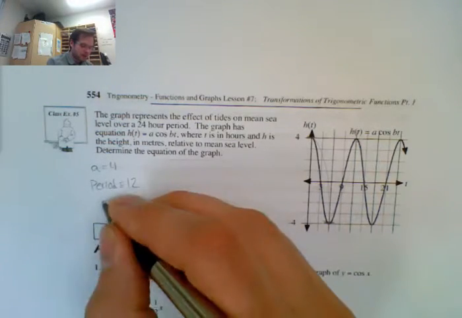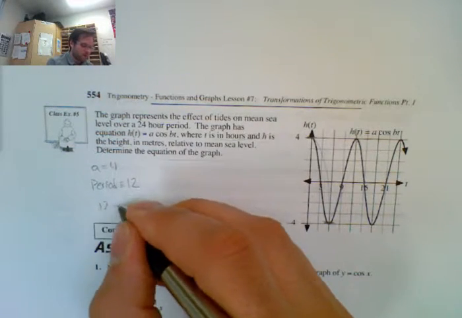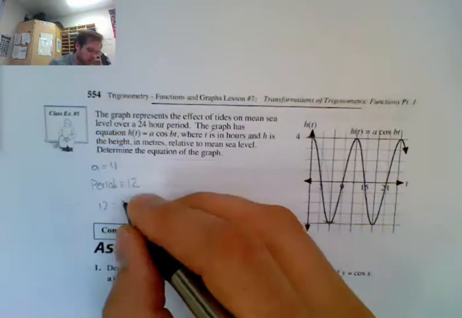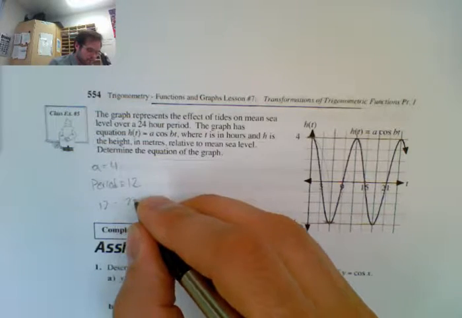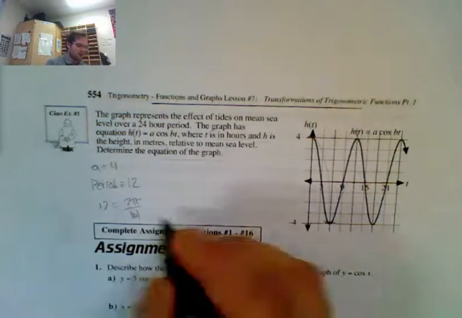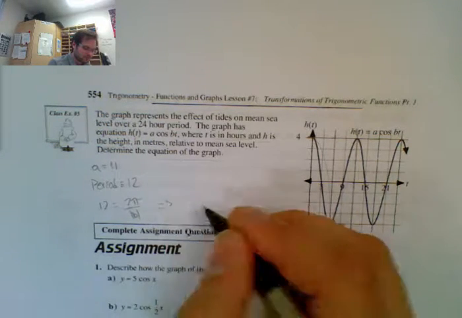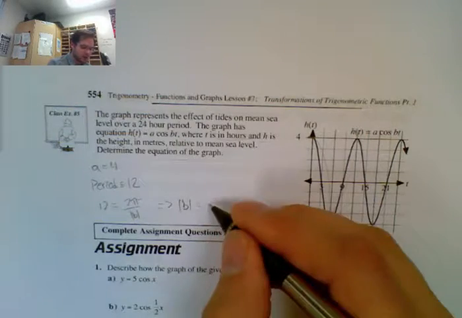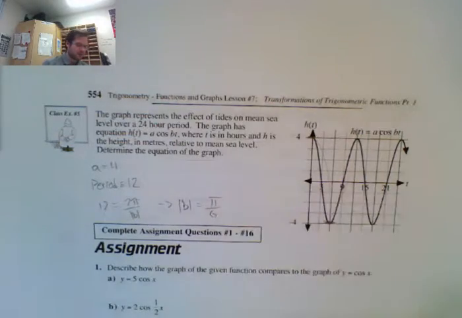So period 12 is equal to, and we could either do this in radians or in degrees. I'm going to do this one in radians, since radians is a bit smaller. So I'm going to put 2 pi all over the absolute value of b. I rearrange this, and I'm going to end up getting b is equal to pi over 6.